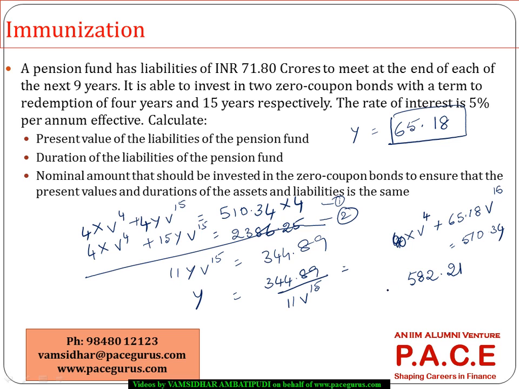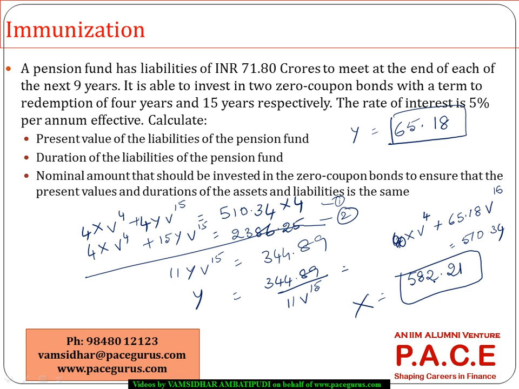582.21 crores. Let it go as a part of investment in X. The face value of X, let it be 582.21 crores, and the face value of Y, let it be to the extent of 65.18 crores. Those are the investments to make sure that the investment is immunized, at least the first two rules of immunization are met.